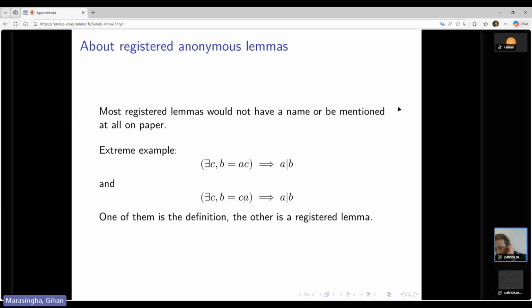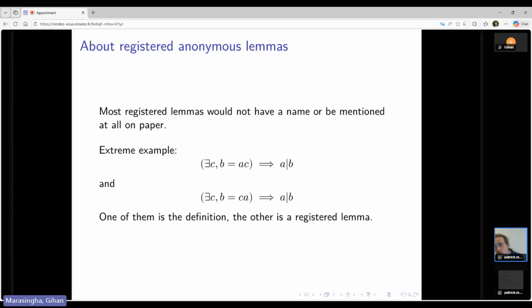Say you have integers a, b, c. The statement that there exists c such that b equals ac implies a divides b is true. And the statement that if there exists c such that b is c times a, then a divides b is of course also true. I say this for people doing computer science and software engineering: for most mathematicians, it's really hard to see the difference between those two lines.